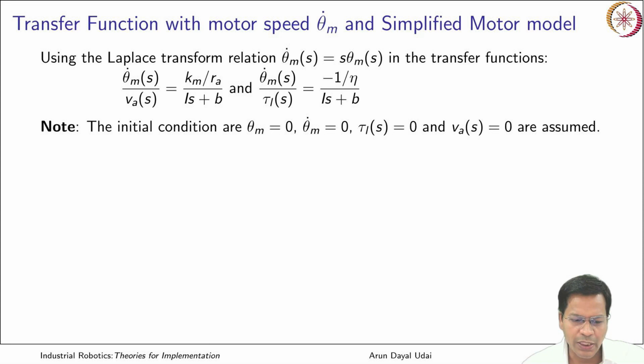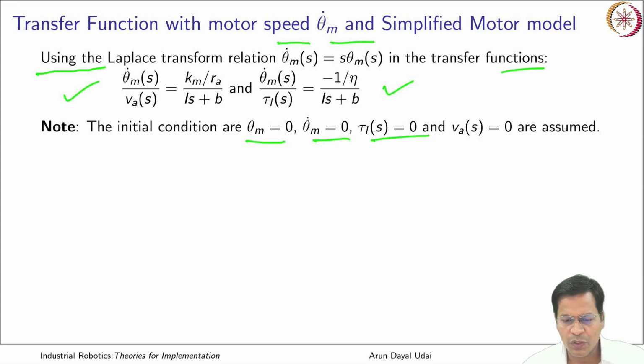Now, using the Laplace transform of these two transfer functions that we have obtained, I can get to this transfer function, taking initial conditions as 0. All these initial conditions are assumed to be 0, and this is your relation.